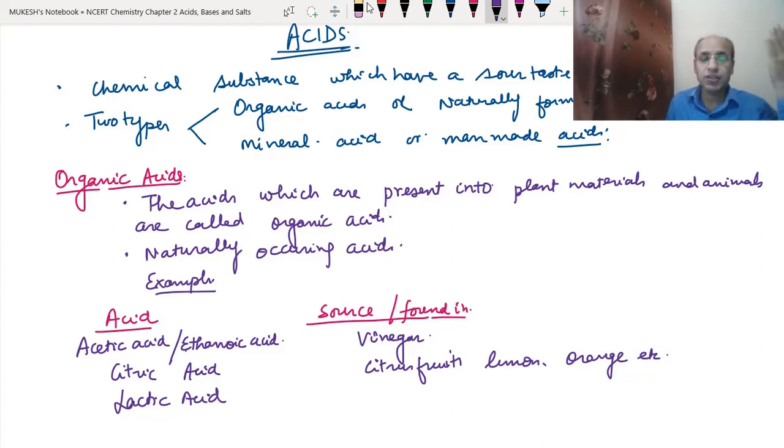Sour milk means, if we keep milk outside at high temperature for a long time, it may develop some lactic acid, because the carbohydrate, the glucose present in it, is converted into lactic acid by bacteria. We have already studied that in life processes, in respiration. So lactic acid is found in sour milk and curd.